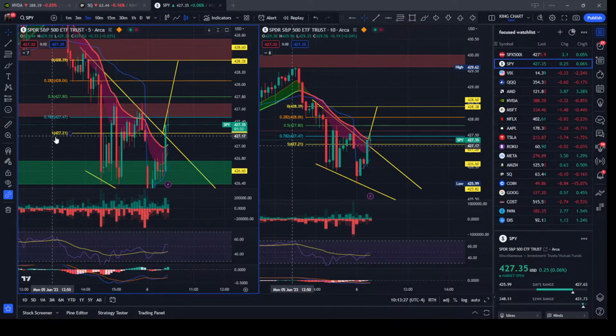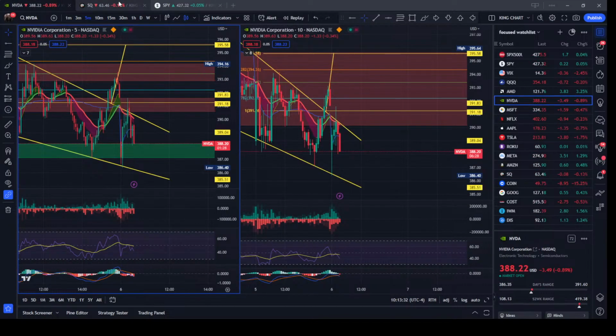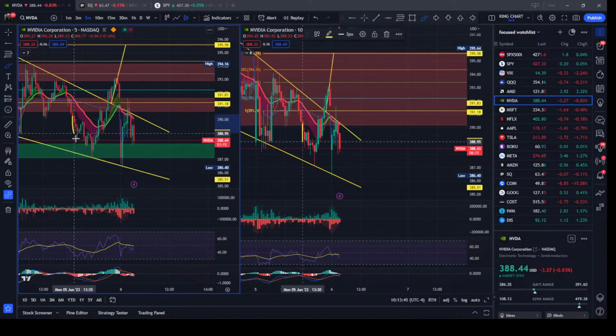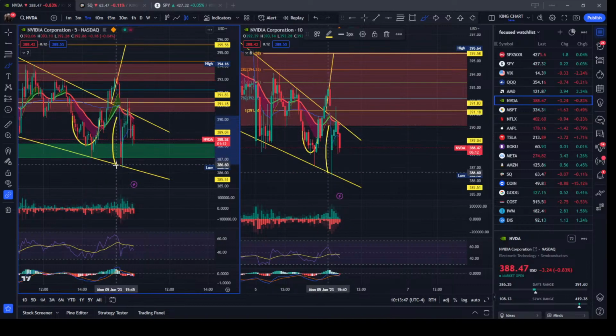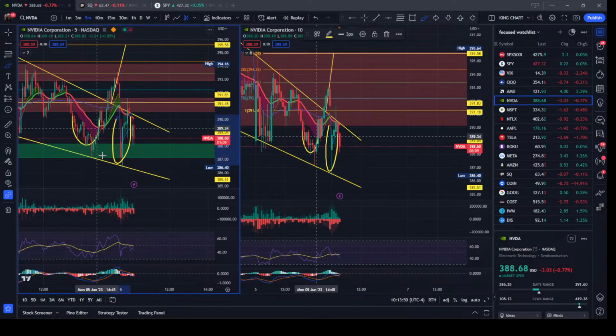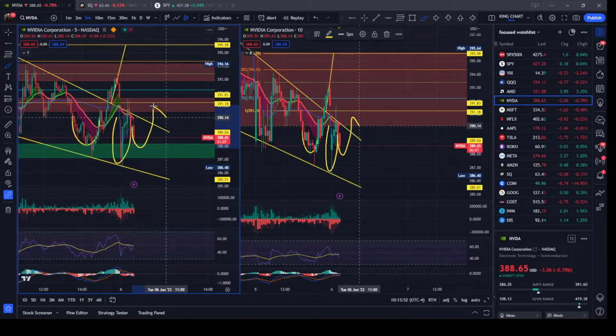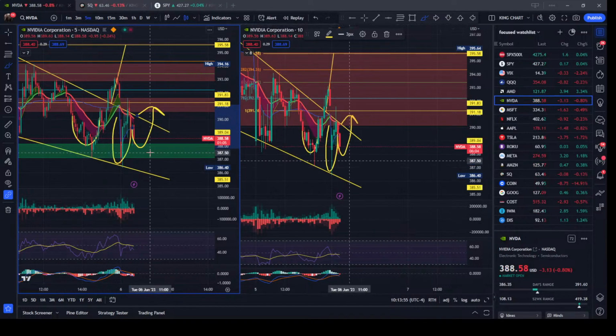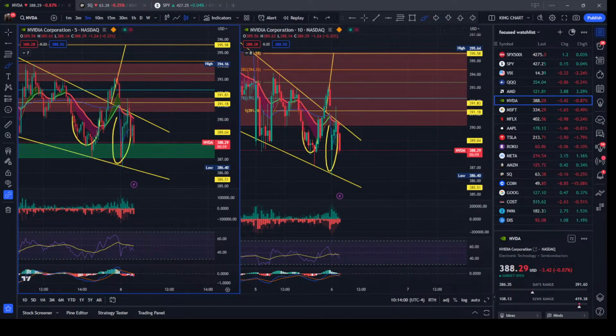So if we break back into that level, then we should look to exit and re-enter. NVIDIA just keeps rejecting that demand zone. Yeah, we actually have an inverted head and shoulders, so we could see a huge run up here if we reject the demand zone again. We'll have to wait and see.